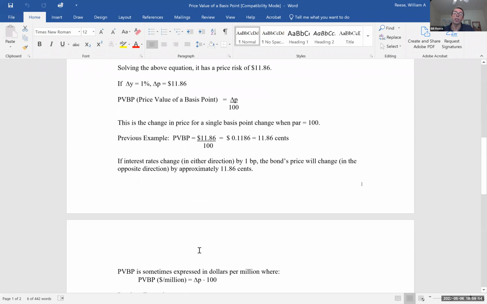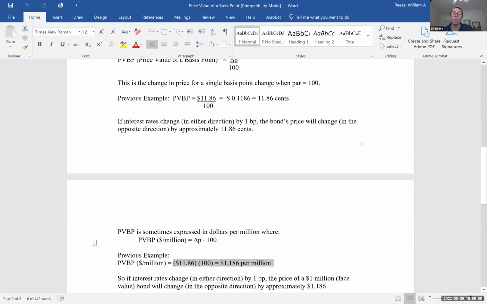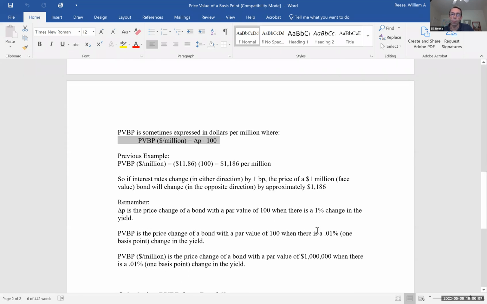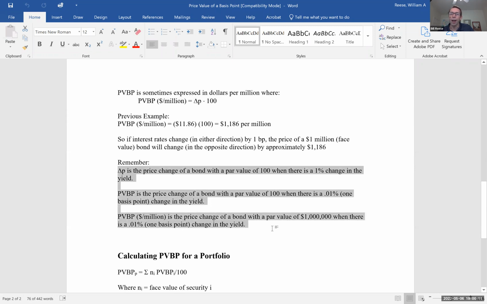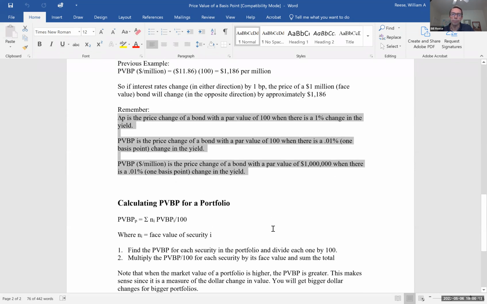Then we went to price value of a basis point in dollars per million, which is, again, a 1 basis point change in interest rates, but it is how much the price of the bond is going to change if it has $1 million face value. Okay, so we've got them all expressed here in this little paragraph on remembering.